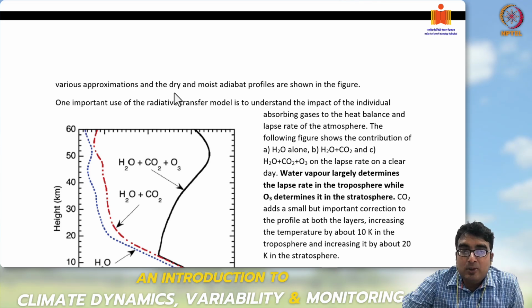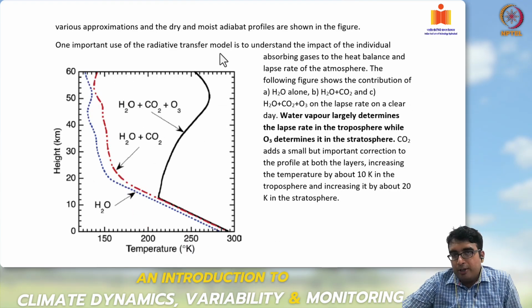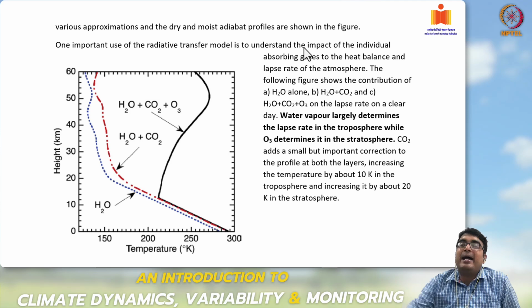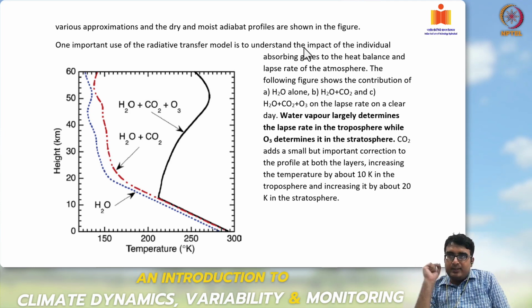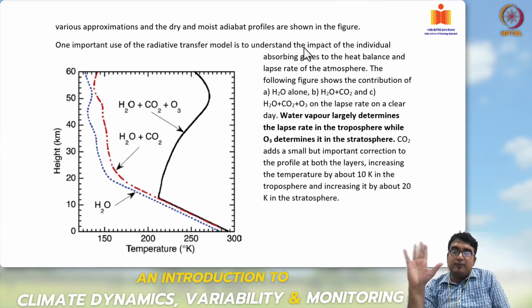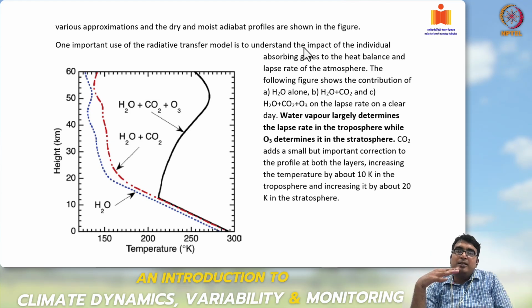Another important use of the radiative transfer model is to understand the impact of the individual absorbing gases. So, we have derived it for a single absorbing gas. The total one is the overall contribution. But this helps us also to identify how the individual gases are contributing to the overall radiative lapse rate. Okay.